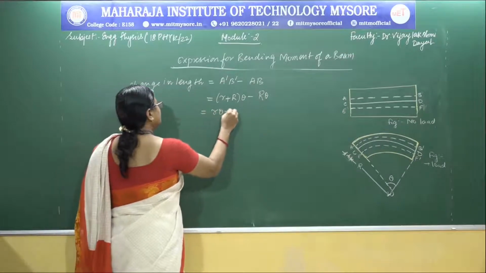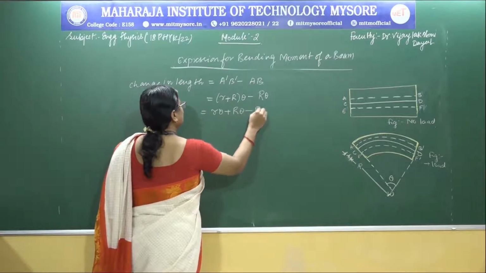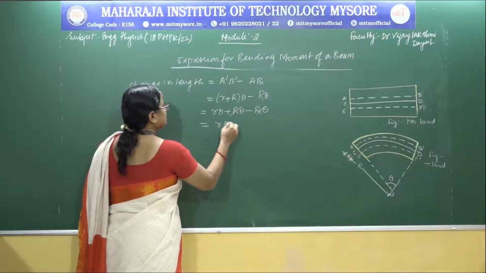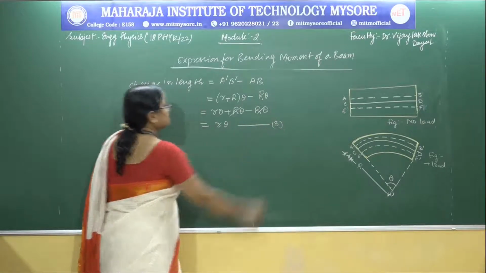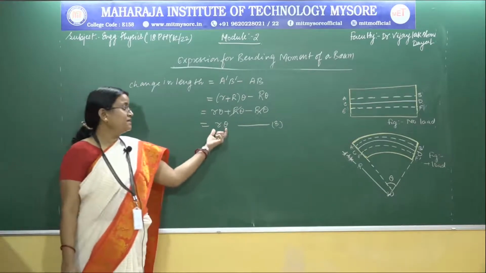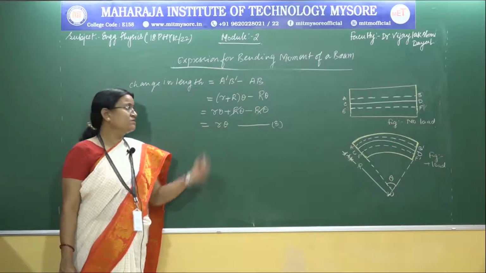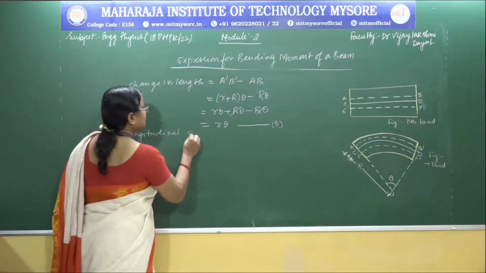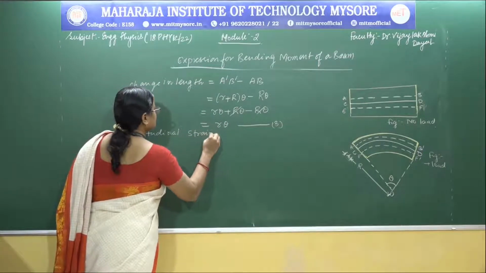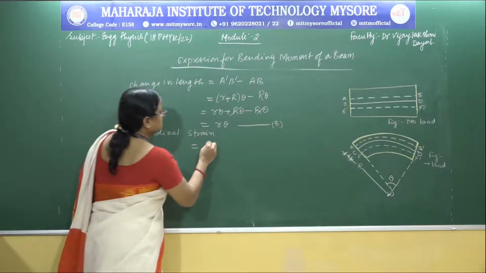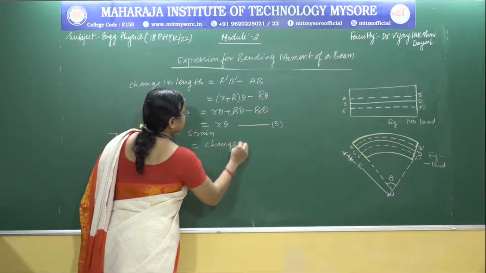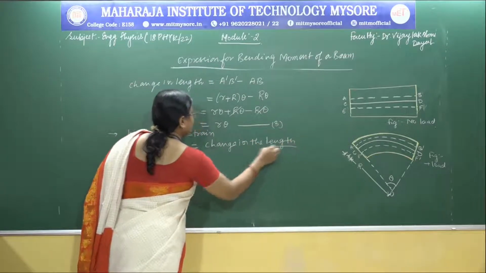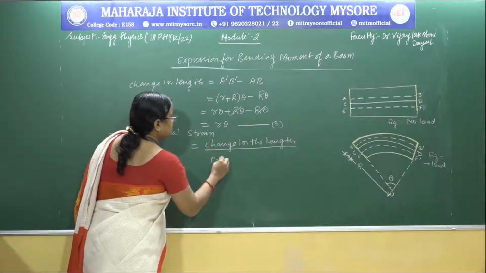So we get R theta plus r theta minus R theta. This cancels out, and the change in length is equal to r into theta, small r into theta. And if we want to calculate the longitudinal strain, it will be equal to the change in length divided by the original length.